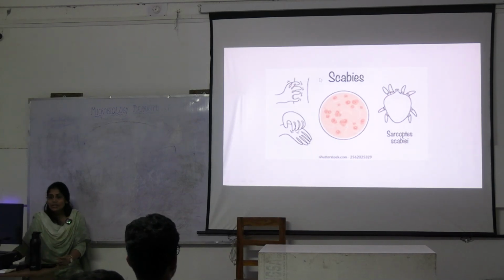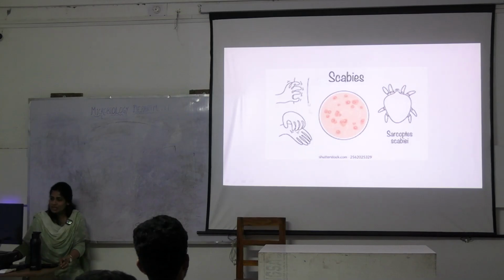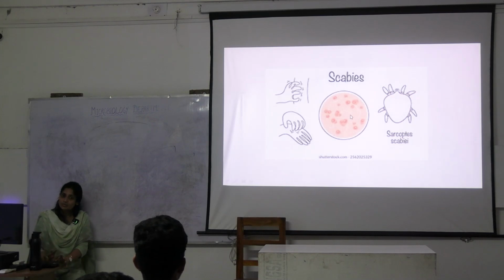And this is the only disease which does not spare rich, poor, good or bad or anything. If this mite is there and you have shared fomites or anything, and suddenly this mite has invaded your skin, you will definitely develop the disease. And depending on the immunity, of course, once there is reinfection, the symptoms can be seen within 1 to 4 days also.